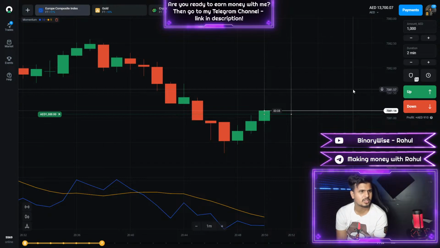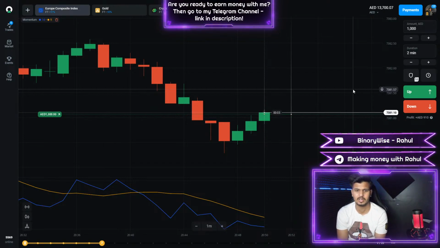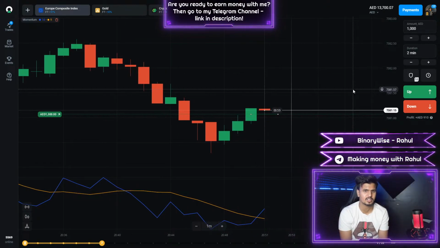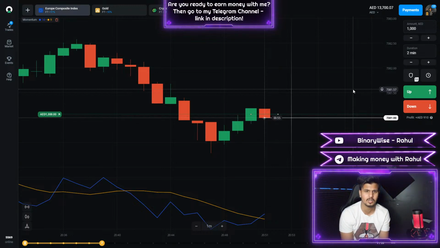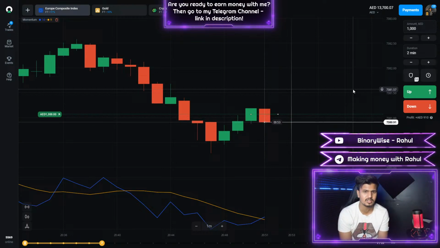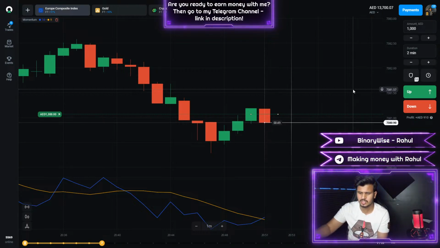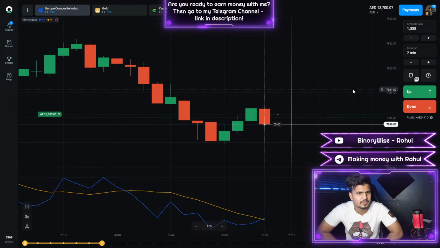So the Europe Composite Index, I hope this time, like every time, it will reach the upward direction again, because the Japanese candlestick is still moving upward. The duration is 2 minutes, 1000 dirham in the investment. But here it changed the direction, right? For 10 seconds it's just moving to the downside, but it will come back again to the upward.